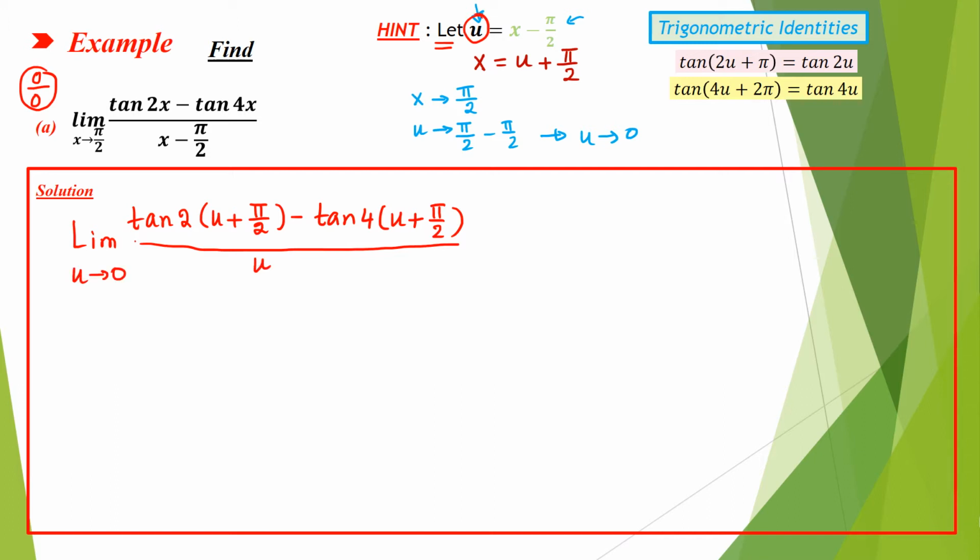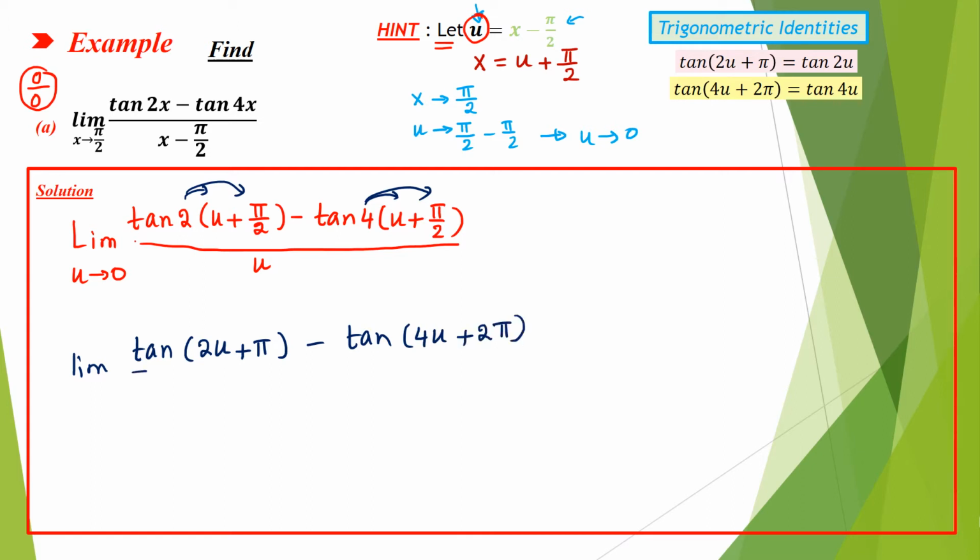Now we have a new limit with a new variable inside. Now you have to multiply 2 and multiply 4, and you will get the limit of (tan (2u plus pi) minus tan (4u plus 2 pi)) divided by u when u goes to 0.